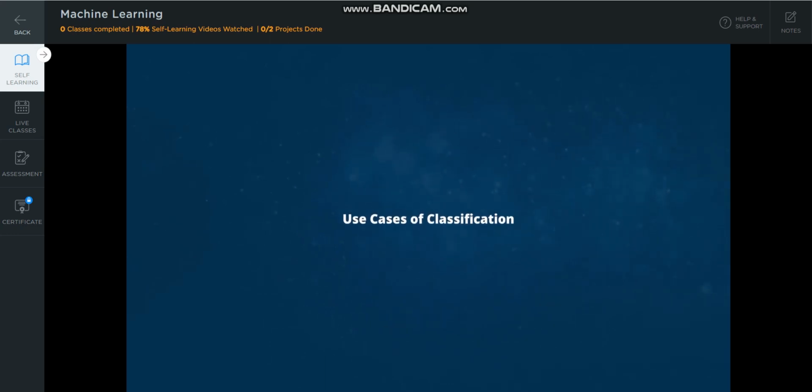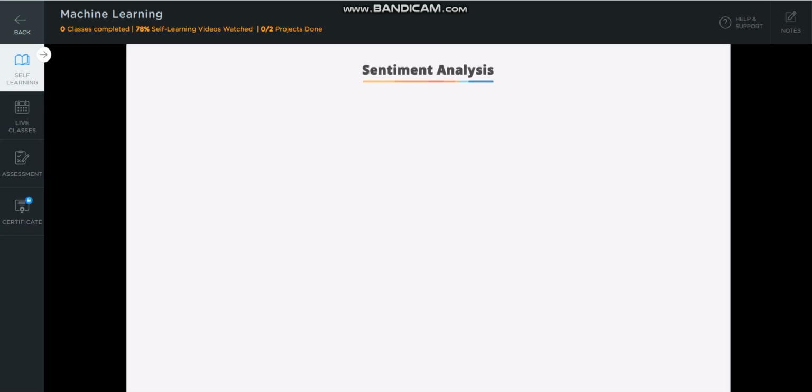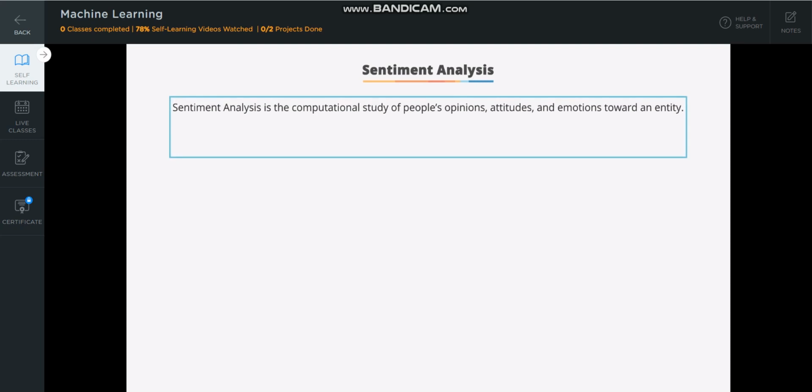Let's look at the use cases of classification. The first use case that we will focus on is sentiment analysis. Let's understand how sentiment analysis is a classification algorithm. Sentiment analysis is the computational study of people's opinions, attitudes, and emotions toward an entity.